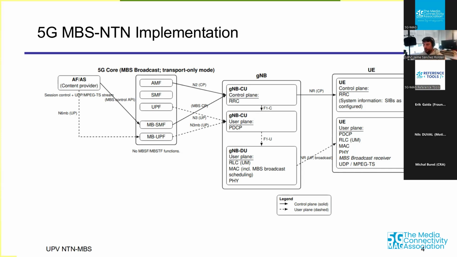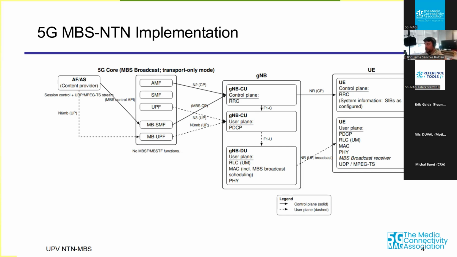That is performed through the MBSMF and MBUPF, one for the control plane and the other for the user plane, and that session is forwarded to the gNB in order to establish all of the context of the MBS session. The user plane information is sent to the gNB in order to be encoded in the signal and transmitted to the UEs.